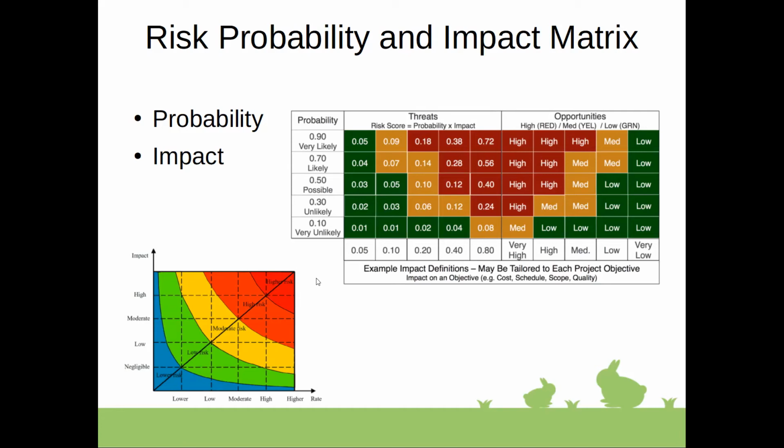So there are several ways to represent this. On the table view, you can see that you can put probability stretched between 10, 30, 50, 70, and 90%, and have review in terms of impact definitions. It can be tailored as you see needed.